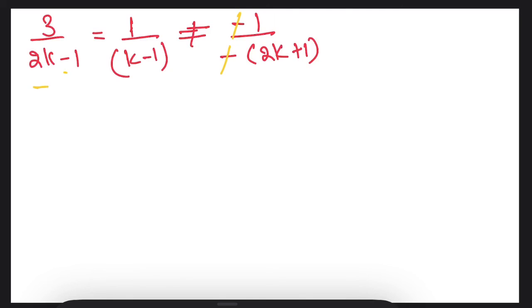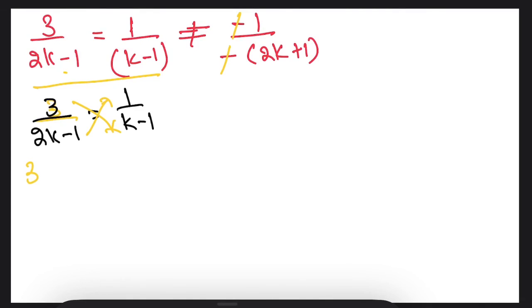Now let's take these two. a1 upon a2 equals b1 upon b2: 3 upon 2k minus 1 equals 1 upon k minus 1. Now let's do the cross multiplication. So 3 into k minus 1 equals 2k minus 1.